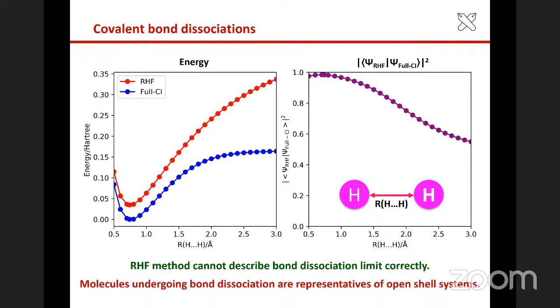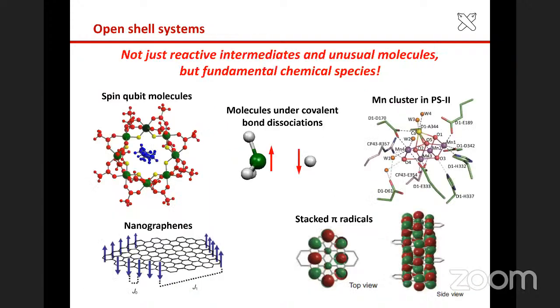So roughly speaking, molecules undergoing bond extension are dangerously open-shell systems, and open-shell systems are basically strongly correlated systems. And this kind of open-shell system is not just a reactive intermediate or unusual molecule, but fundamental in chemical species.